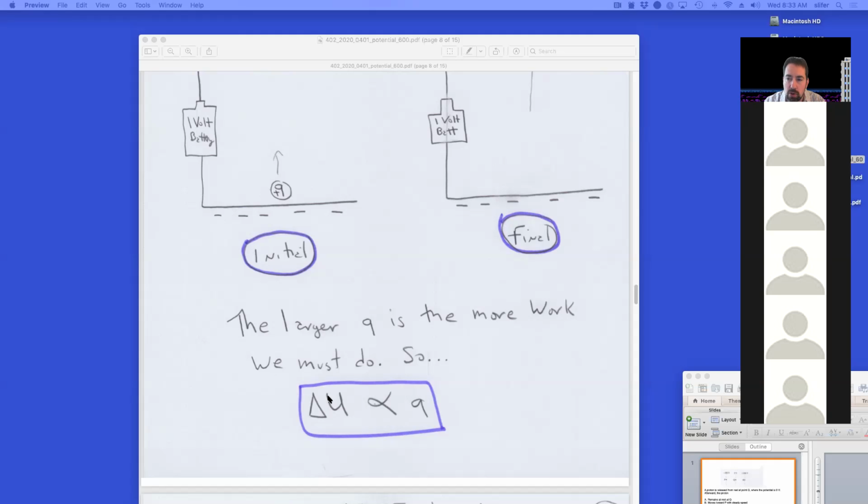Usually U is reserved for potential energy. The delta is the Greek symbol delta, and for whatever reason, over the years, the convention is that delta is the letter of change. So this is shorthand for the change in potential energy, basically the difference between the final potential energy and the initial potential energy.